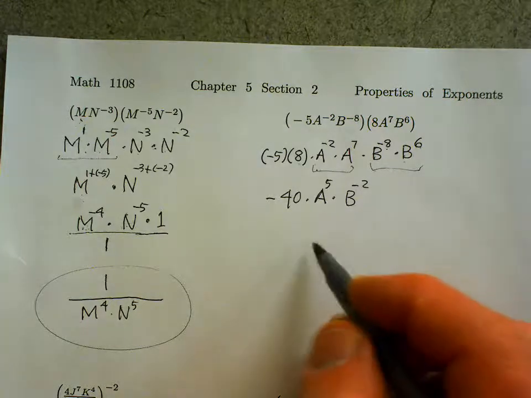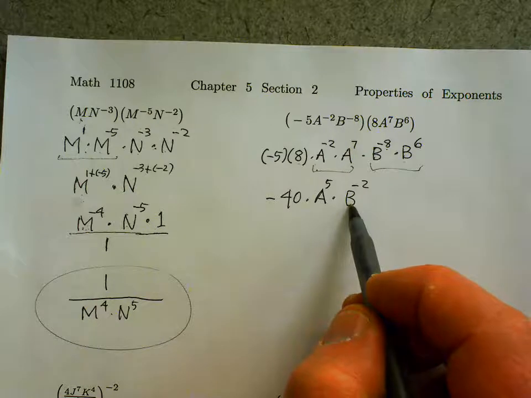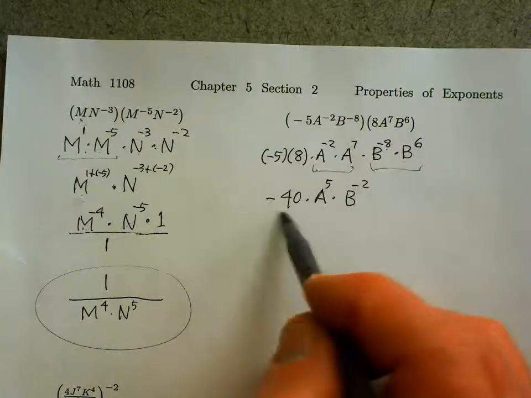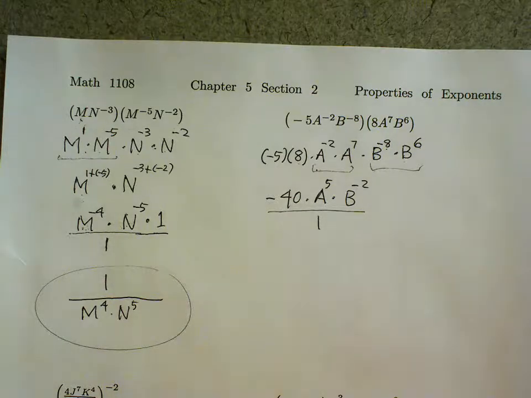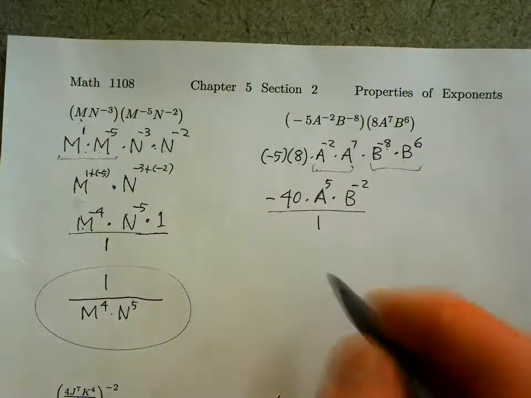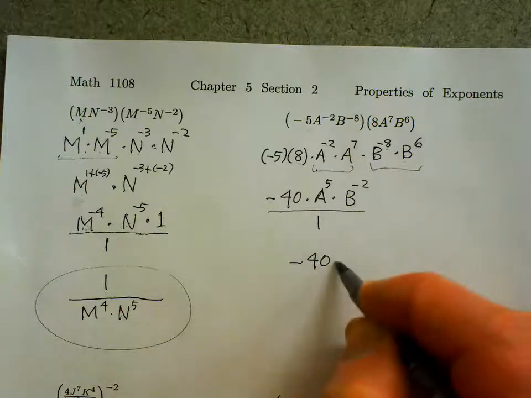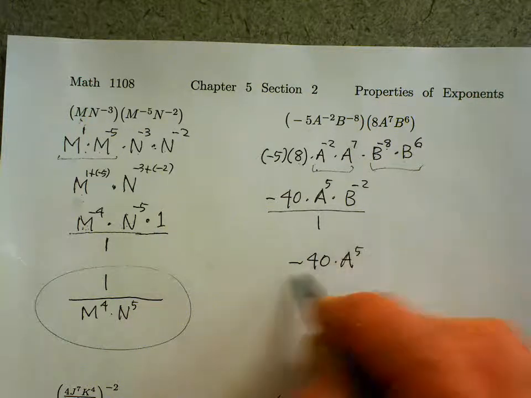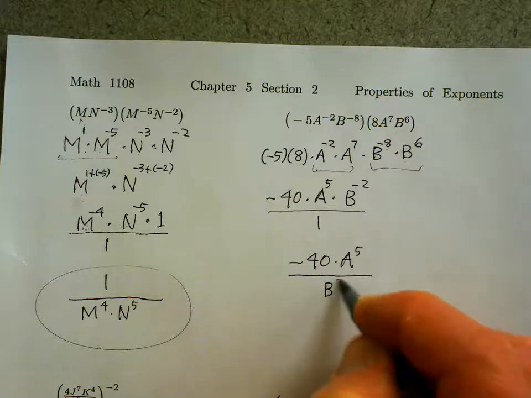Okay, so now we're just one step away. One of the factors in the numerator has a negative exponent. So remind ourselves that we have a denominator of 1. So in the numerator, we still have negative 40 times a to the 5th. And then in the denominator, we have b to the positive 2.